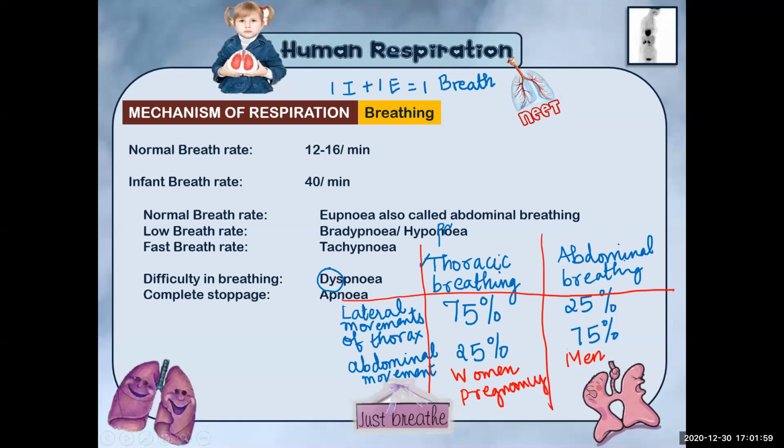Please make a note of this: thoracic breathing versus abdominal breathing. In majority of the people, we see abdominal breathing. That is why we've written eupnea, also called abdominal breathing.